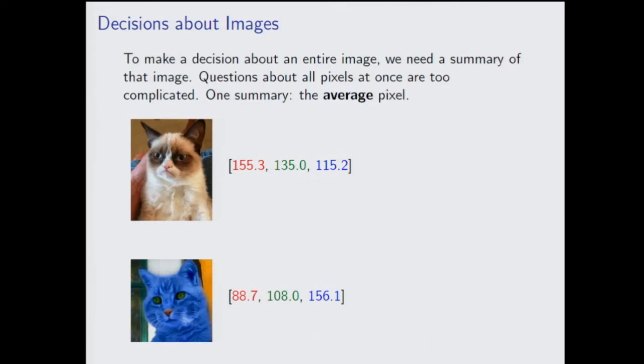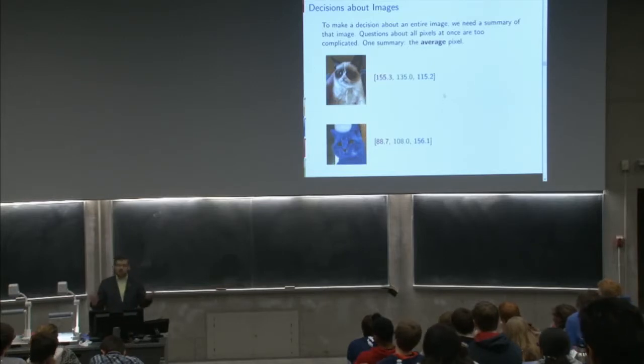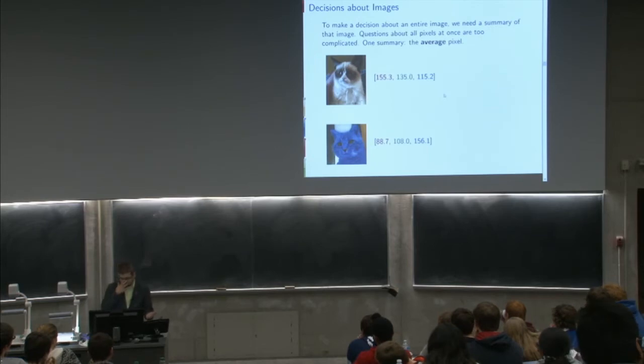That's probably from, I don't know if you can really see, but there's like a window frame over here that's mostly green, and his irises are green as well. And the little bit of red is probably coming from his nose, and then maybe this little orange piece up here. Okay? So the average pixel is a summary of kind of everything that's going on in the whole image in terms of what colors are present. But that's what we're going to use for our example today for classifying images.